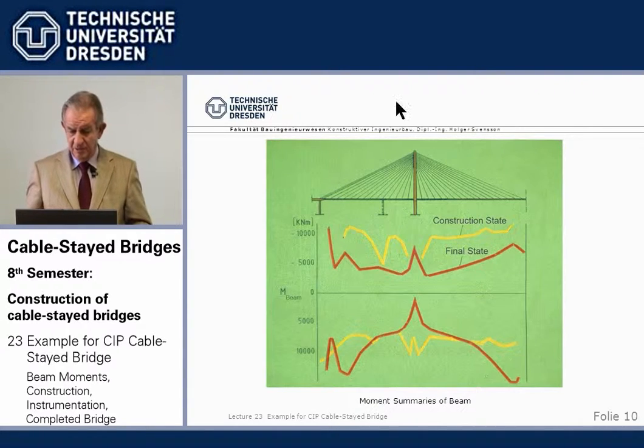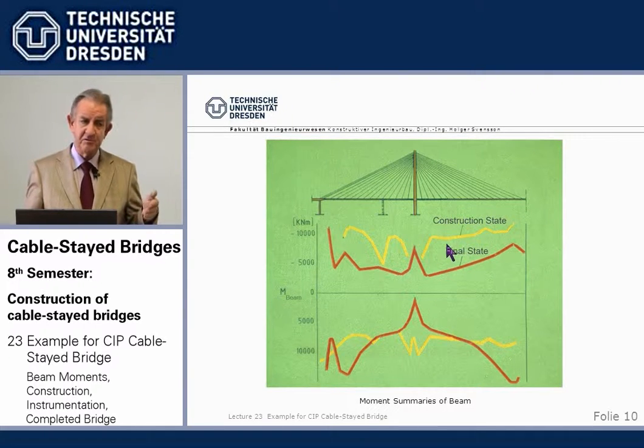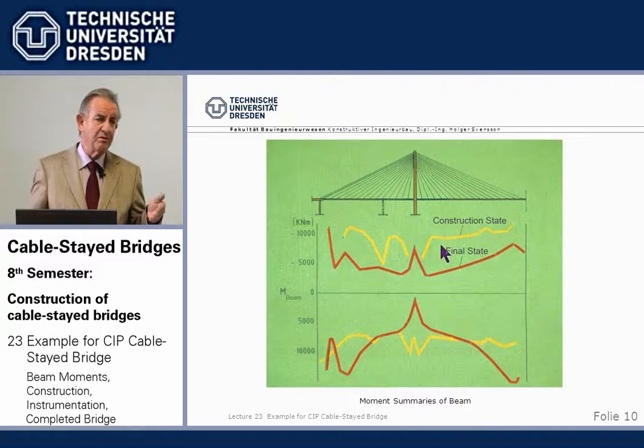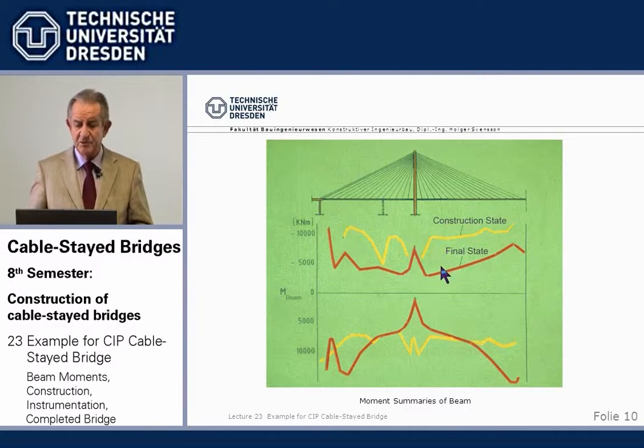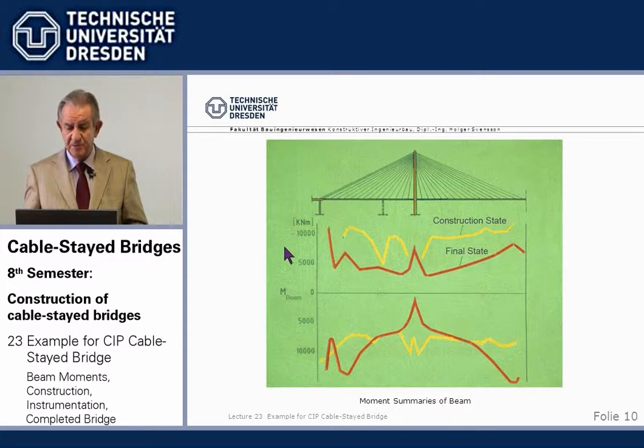beam. When we have to design the beam in concrete, it means basically the reinforcement and or the post-tensioning. Then we have to take into account two principal loadings. First of all, in the final stage, when the bridge is completed, that's 0 here.